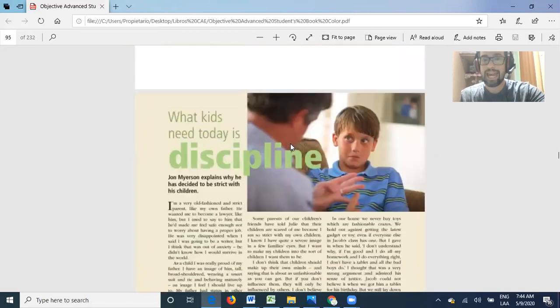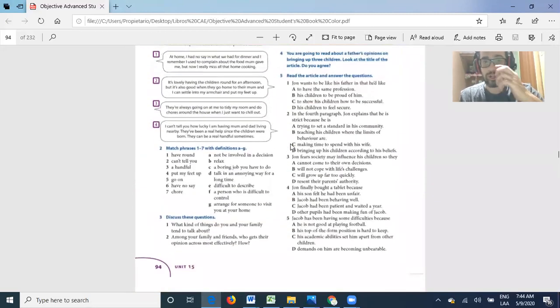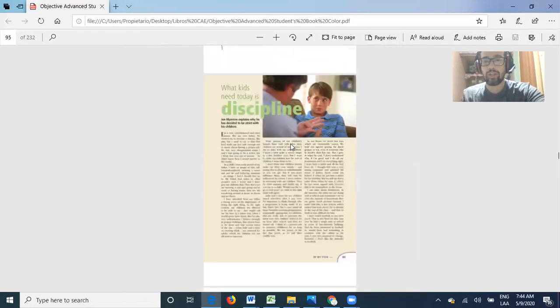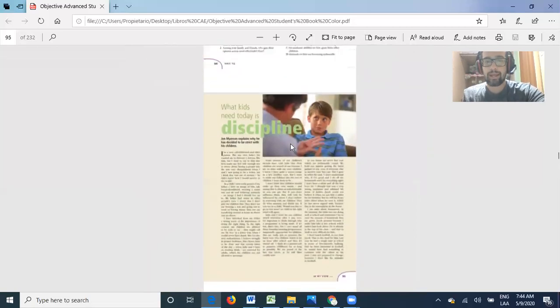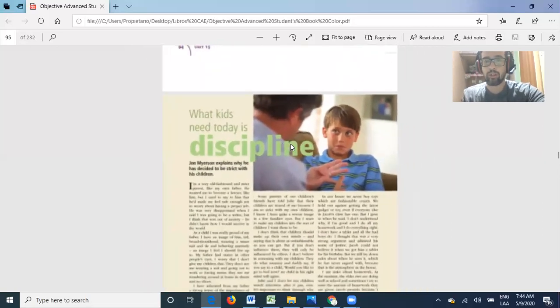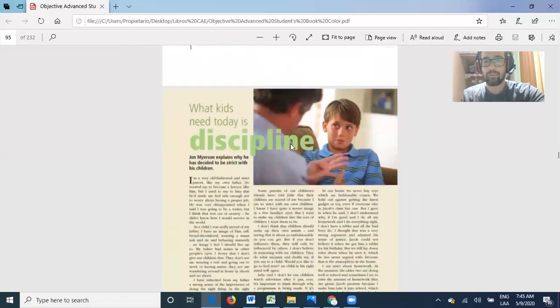Try to skim it and then try to answer these questions on page 94 where it says read the article, answer these questions. Remember that everything is in order, but the last one can be anywhere, right? So that's one of the tips that you already know. So let's work on this right now, and after that we're going to be doing some vocabulary part.